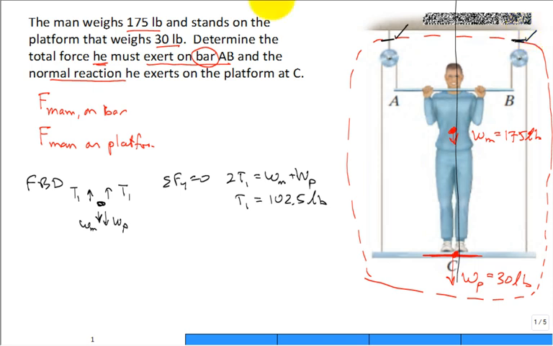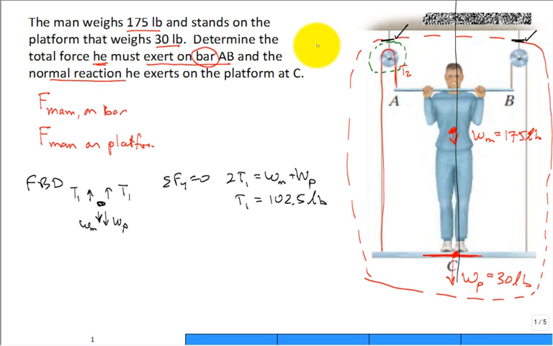Now, somebody says, I would like you to tell me what's the tension in this cable that goes from the bar down to the platform. That's a different cable. That's the tension in cable 2. Can you tell me what the tension in that cable is? It goes from the bar up around the pulley down to the platform. Well, you would do a free body diagram of this pulley. True?